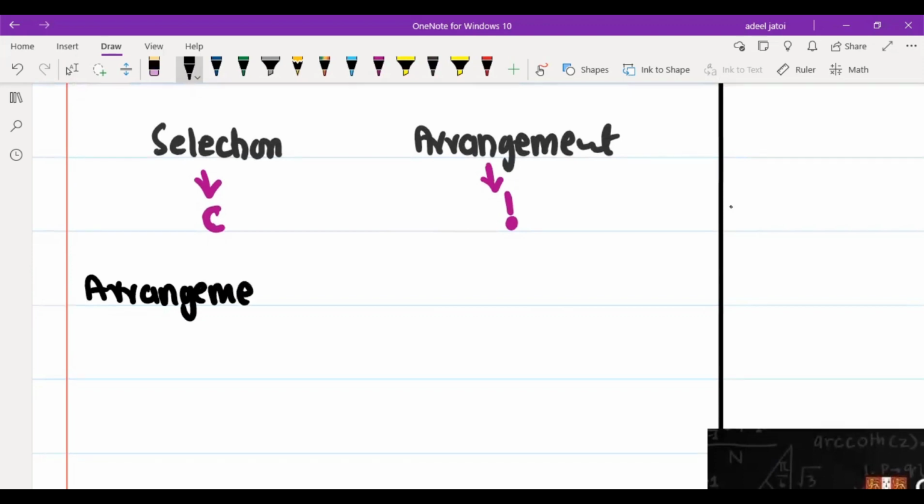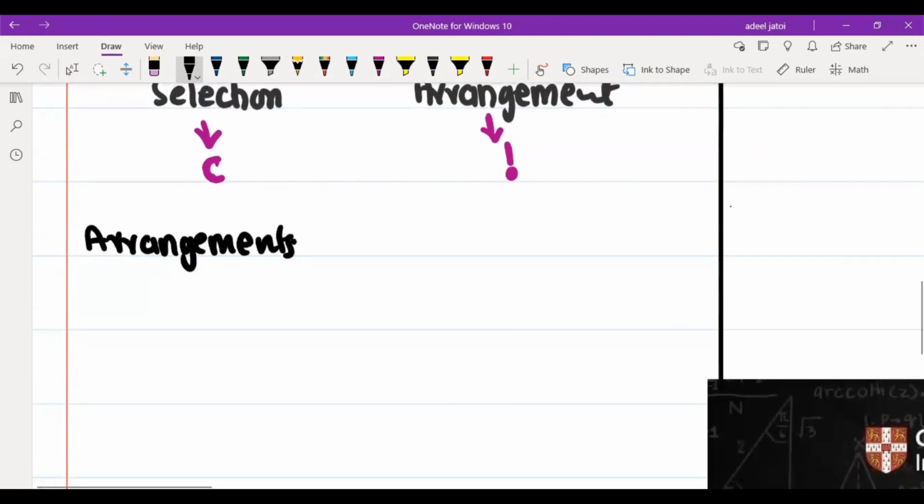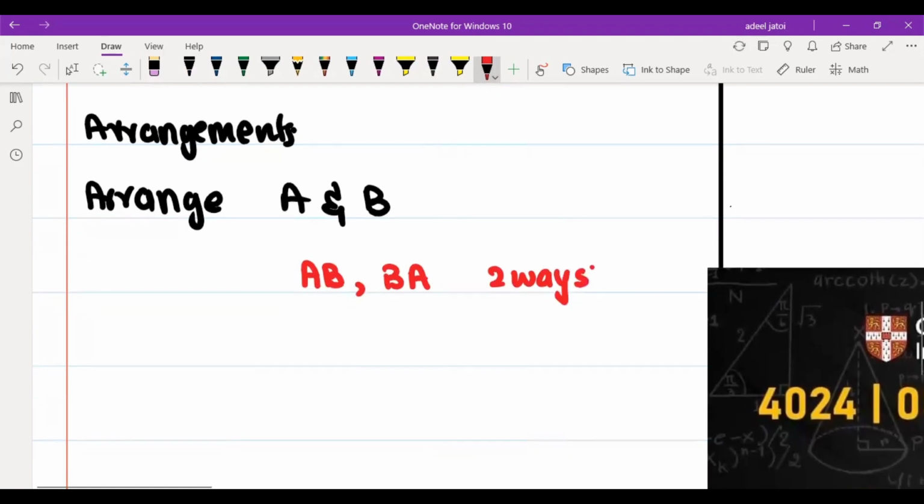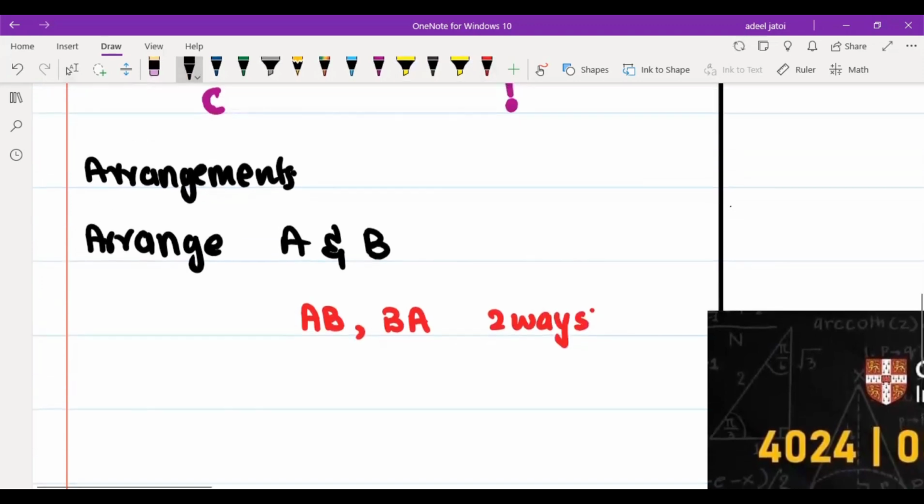To understand the concept, let's say arrange A and B. To arrange A, B, the two answers we can get are AB, comma, BA, which means we can get two ways for this. Initially we had two letters.